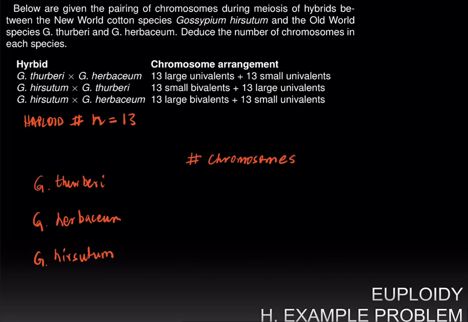The second thing we notice is that in the cross between Thurberry and Herbaceum, we have only univalent chromosomes during meiosis, which means no pairing occurs, and this implies that both Thurberry and Herbaceum are diploid species. So 2n must be 26 for them.